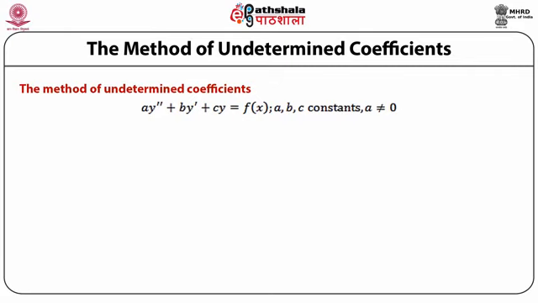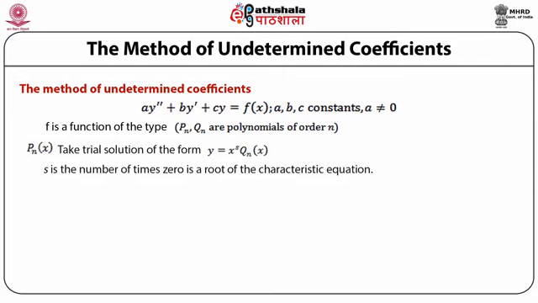We consider equations of the form a times y double prime plus b times y prime plus c y is equal to f(x), where a, b, c are constants, a is not equal to 0. If Pn(x) and Qn(x) are polynomials of order n, then f is a function of the type first, Pn(x).